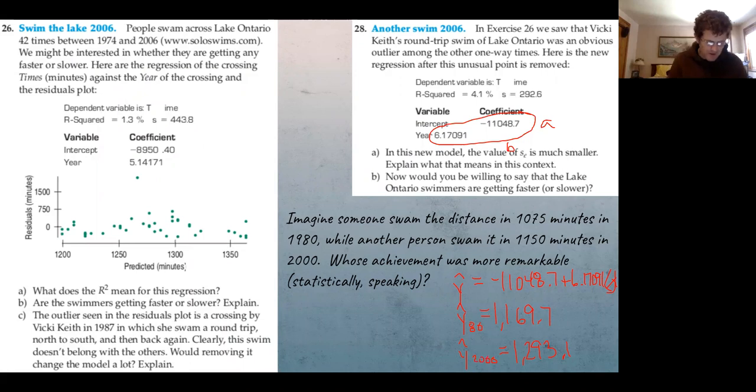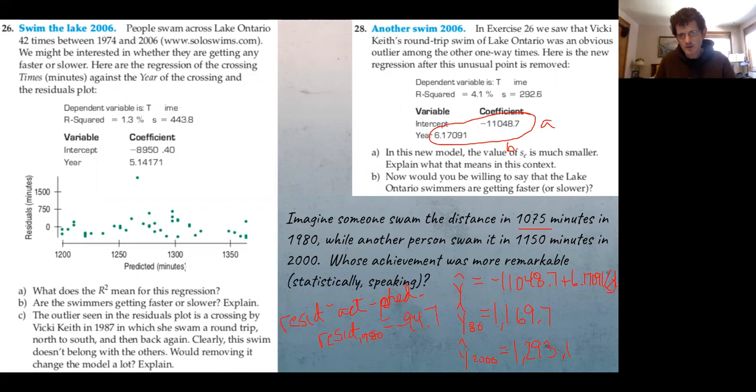If someone swam it in 1,075, then their residual is just the actual minus the predicted. So the residual for 1980 was 1,075 minus 1,169.7. Their residual is a negative 94.7. They swam it an hour and a half faster than we would have expected.